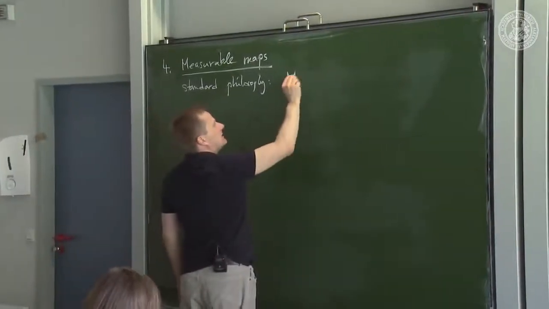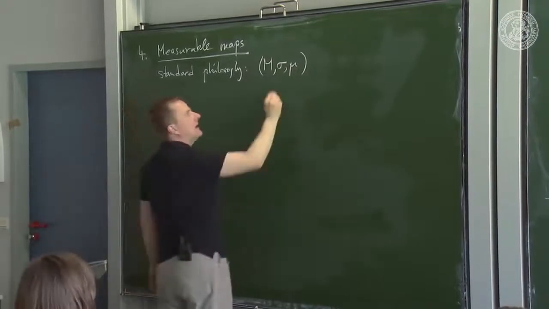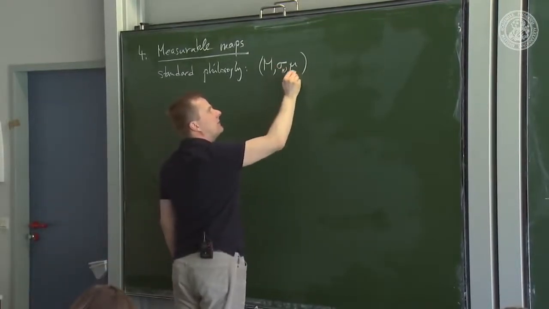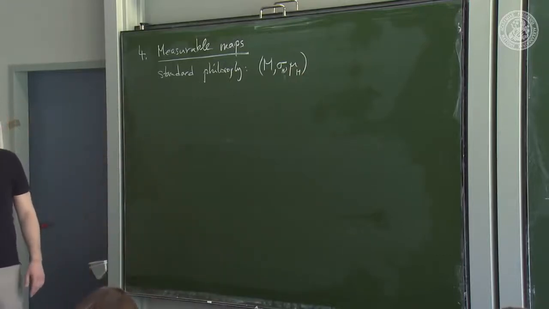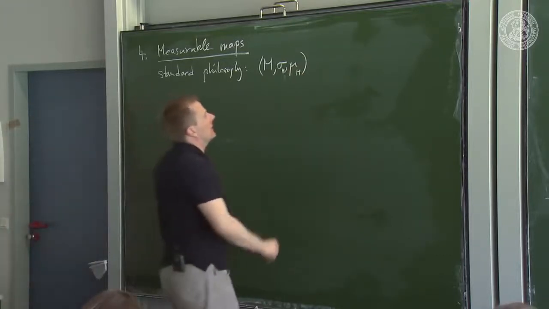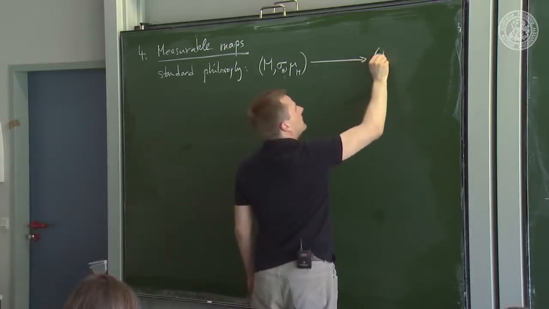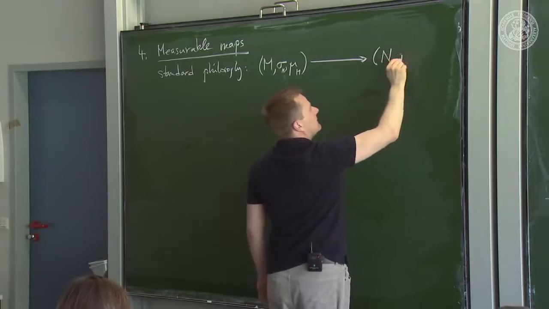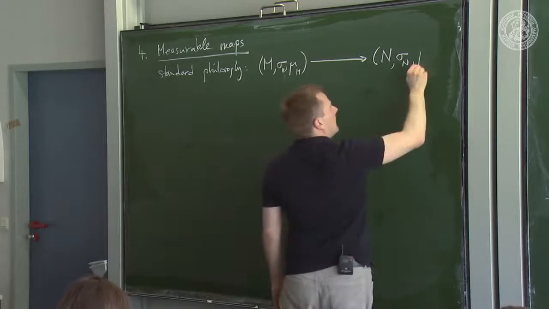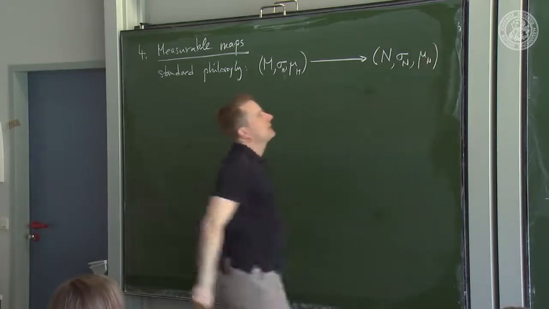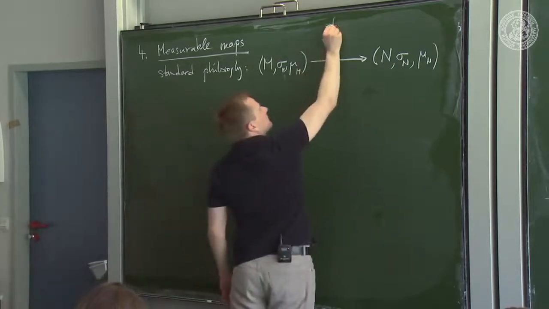So study measure spaces like this one, M, with a sigma algebra on M and a measure mu on M. You have a sigma algebra on a set and you have a measure with respect to that. You could study maps that go from here to another set N that carries, of course, generically a different sigma algebra and a different measure. So study maps.